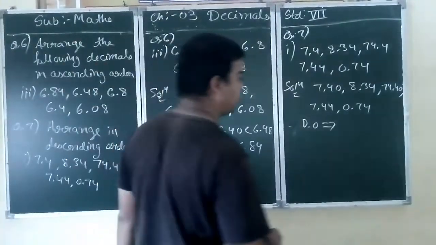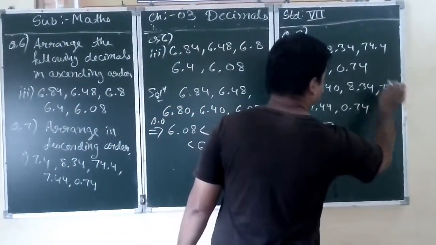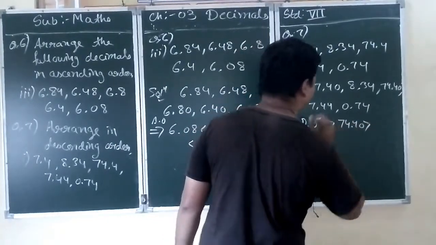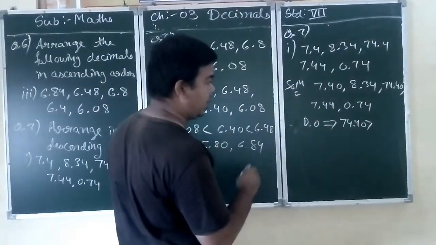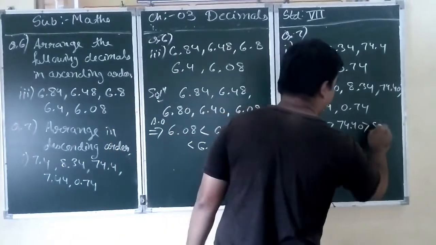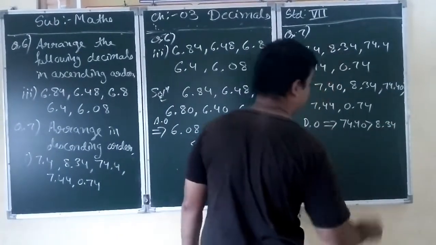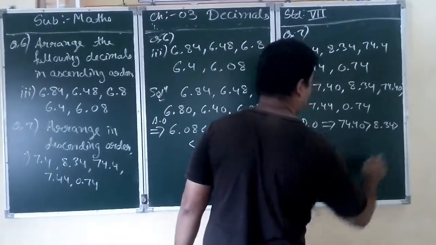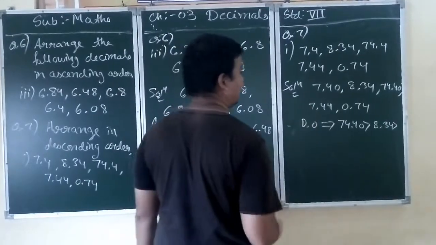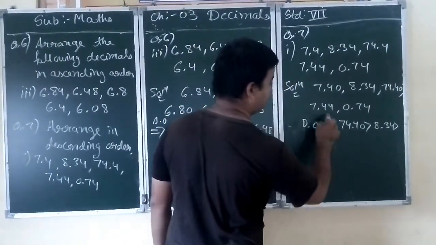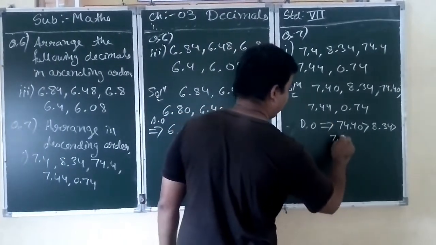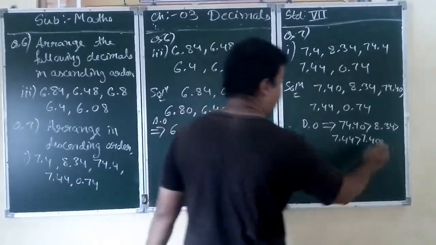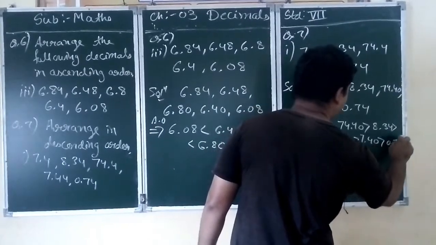See which is greater: 74.40, then 8.34, then 7.44, then 7.40, and last is 0.74.